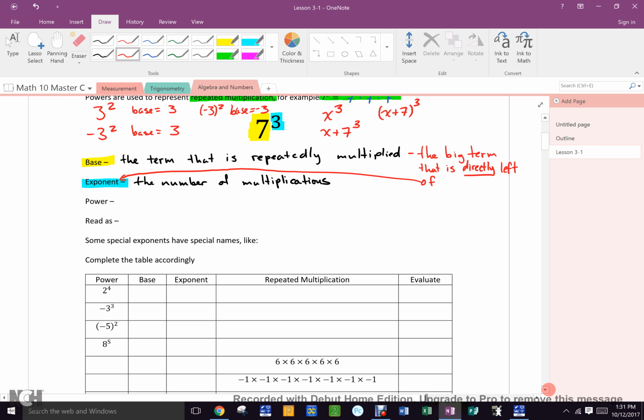Everybody good? All right. The power is the whole thing: base and exponent.